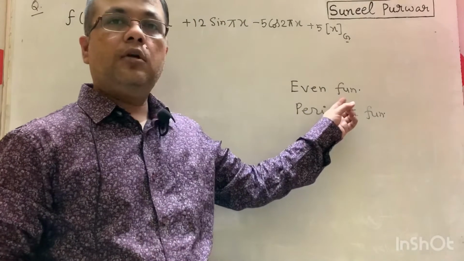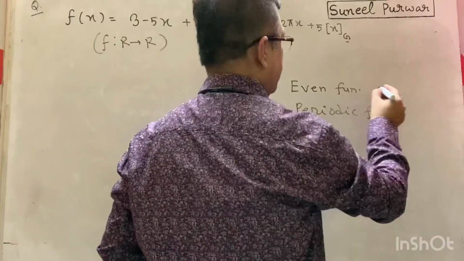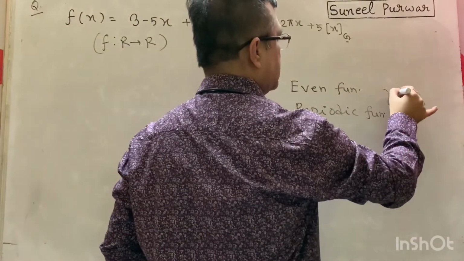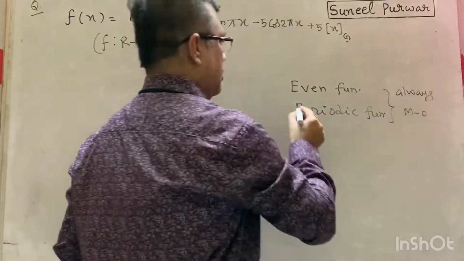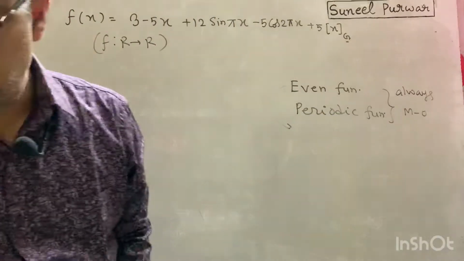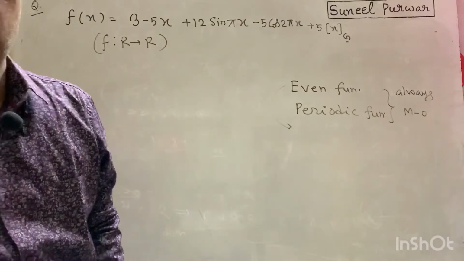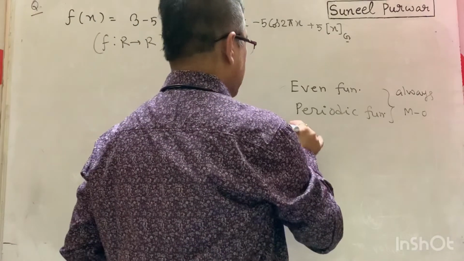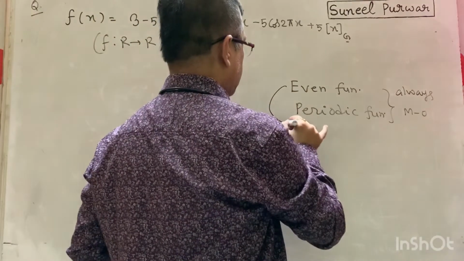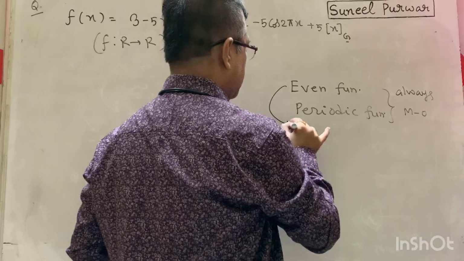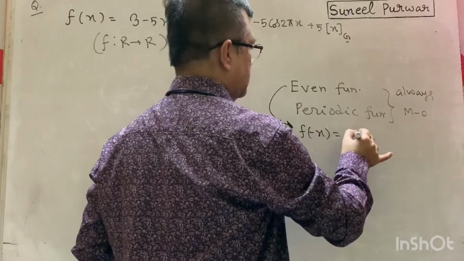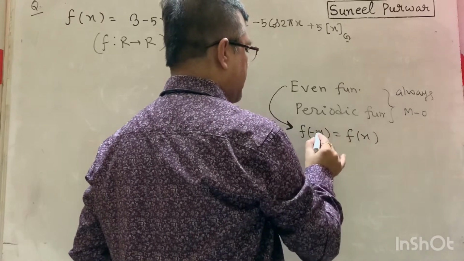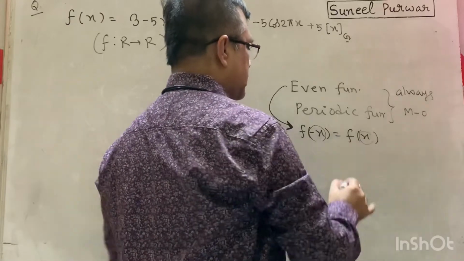Any even function is always many-one. Why are even functions many-one? Because f of minus x is equal to f of x, so for two different inputs you get the same output.